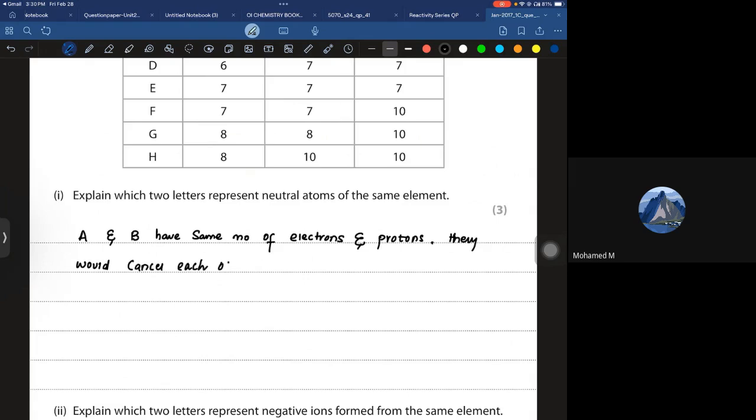They would cancel each other. As a result, I can say this is neutral.